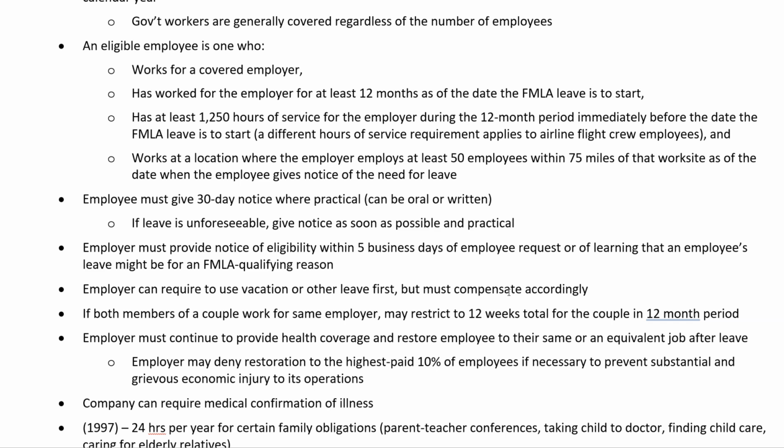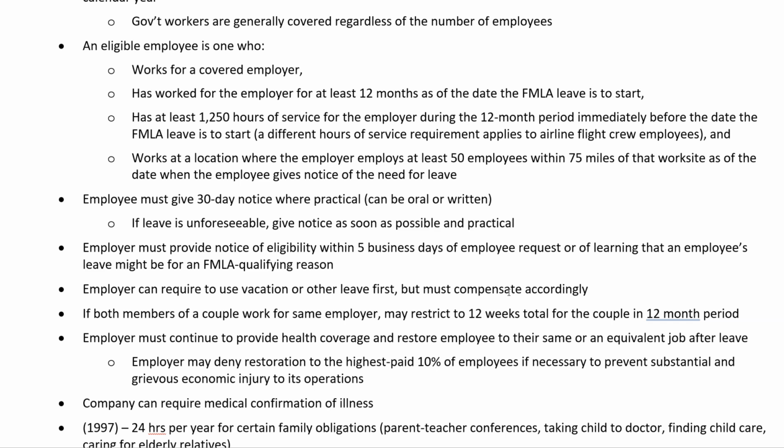Okay. So looking a little bit more at the FMLA here, the employee must give a 30-day notice where that's practical. It's not always going to be practical because health issues aren't always foreseeable and they don't always give us 30 days notice when they're going to pop up.